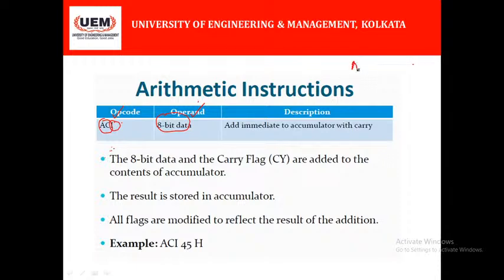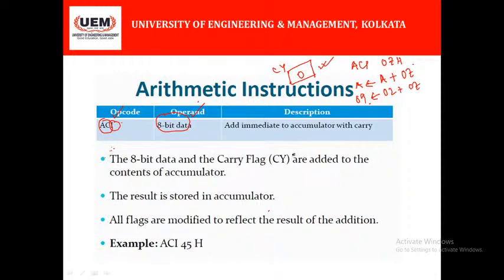For example, say ACI 07H, and the value of the accumulator is 02, so the value of the accumulator and 07 are added. 02 plus 07 gives us 09, which will be stored in the accumulator register. If there is a carry, it will be reflected by the carry flag. The value of the carry flag in this case is 0 because no carry has been generated yet.